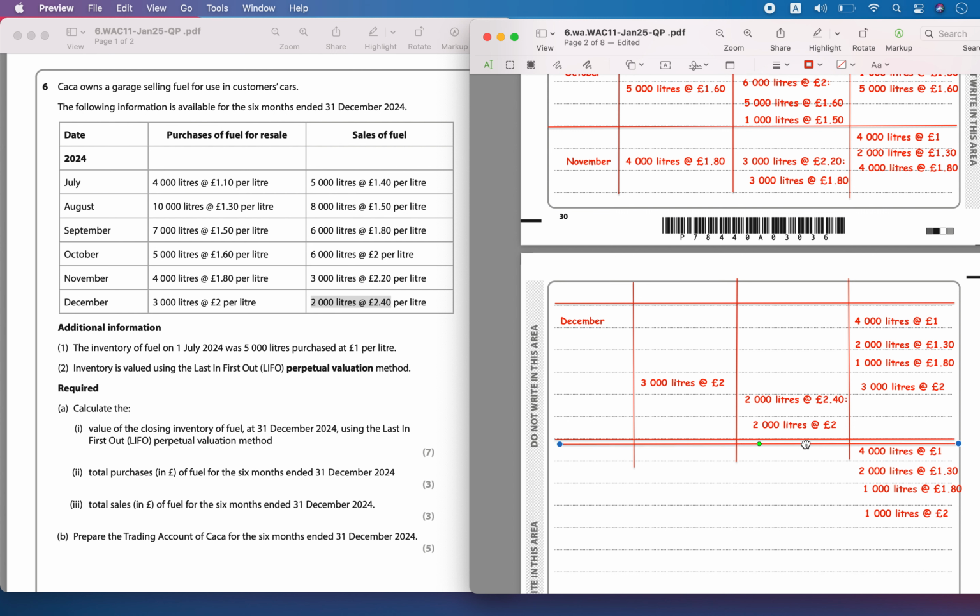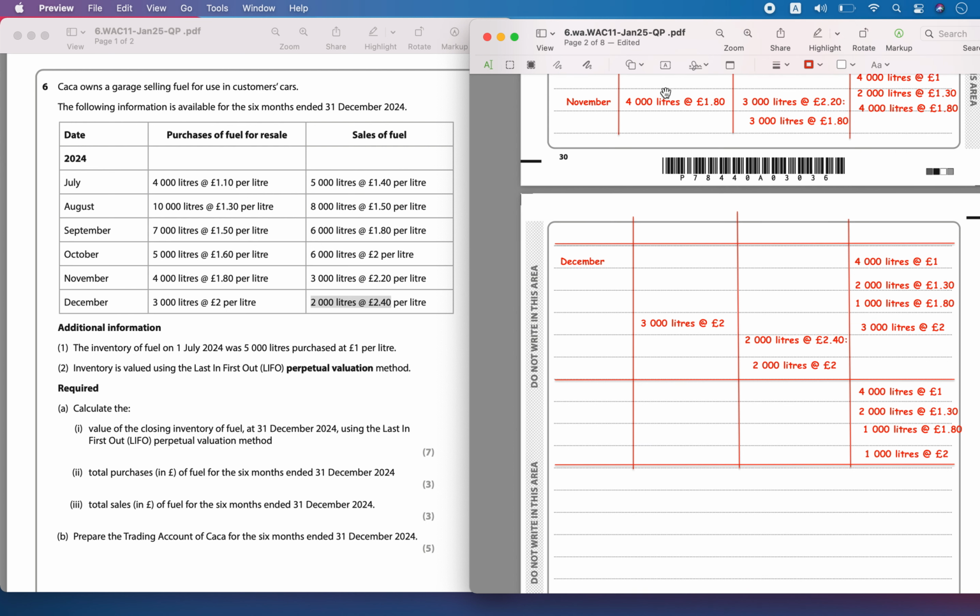So let's calculate the total value of the closing inventory. 4,000 into 1, plus, in a bracket, 2,000 into 1.30, that will give you 6,600.